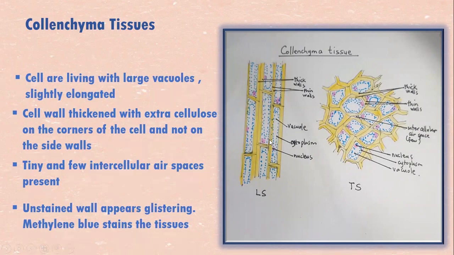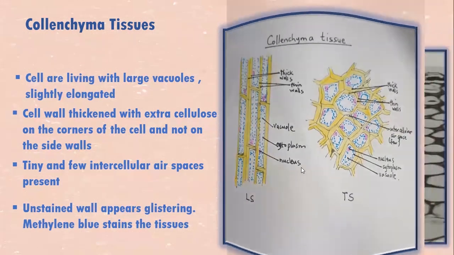We want to look at how you can easily see collenchyma tissues in plant sections. Well, when unstained, the wall looks glistening, and methylene blue stains the tissues dark, making them stand out. Now, let's look at it. If you have a plant section, how do you work out that this section is collenchyma?